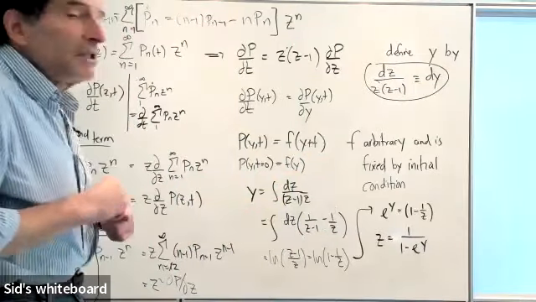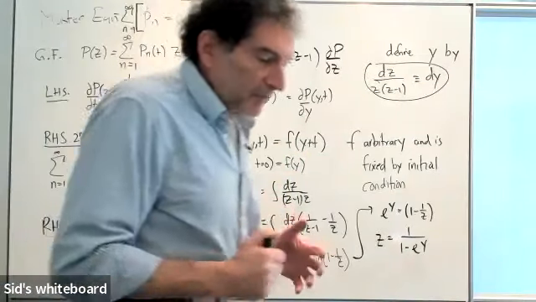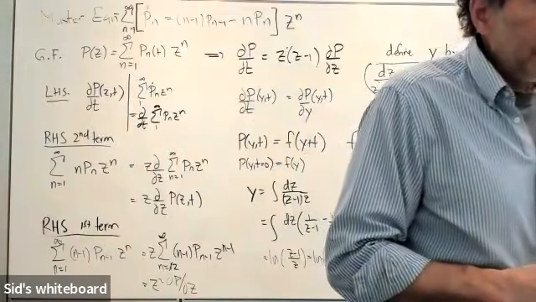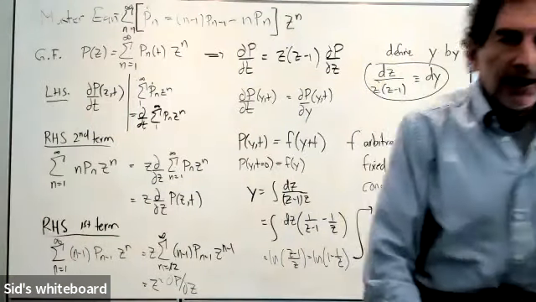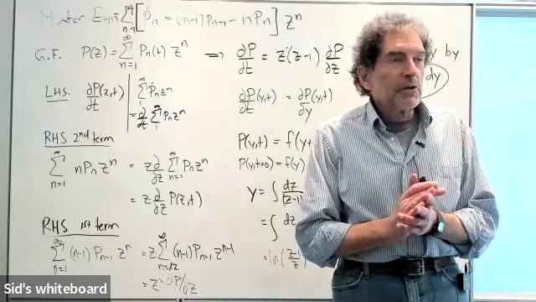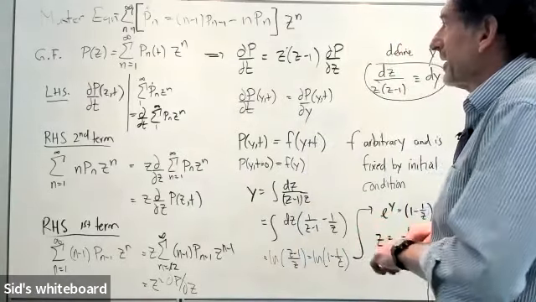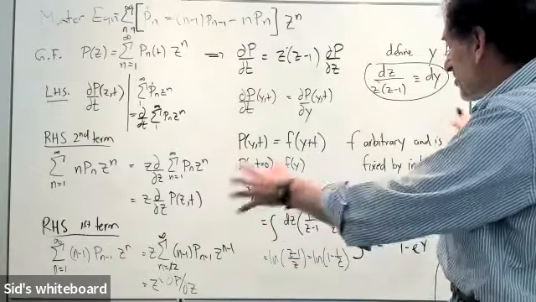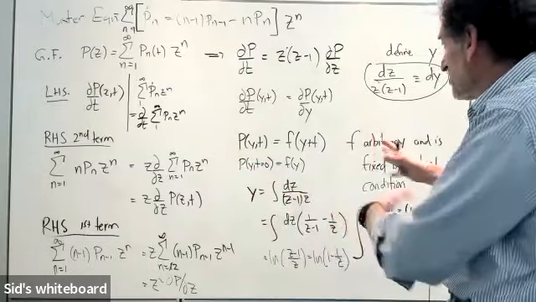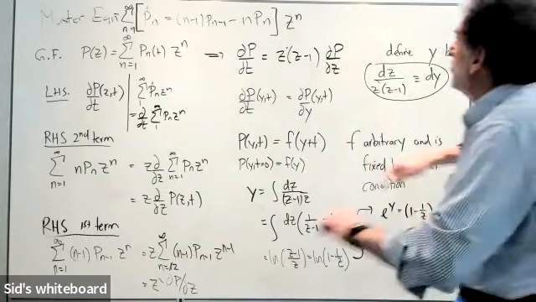But now what is the initial condition? As I mentioned before, I generically will take as the initial condition that my system starts with a single particle. I wish I had more space in my blackboard because my technique is getting all messed up here, but let me just put it over here.